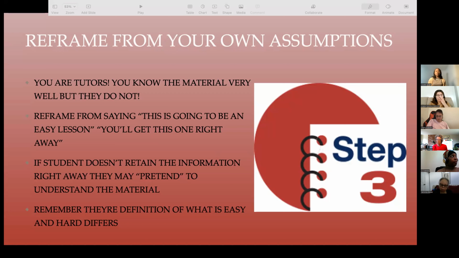Remember that their definition of easy and hard differs. So we want to create an environment where they are okay with getting answers wrong, knowing that we are there to go over the material and help them with it as many times as we have to.